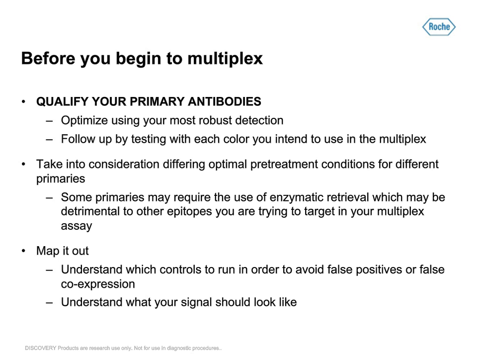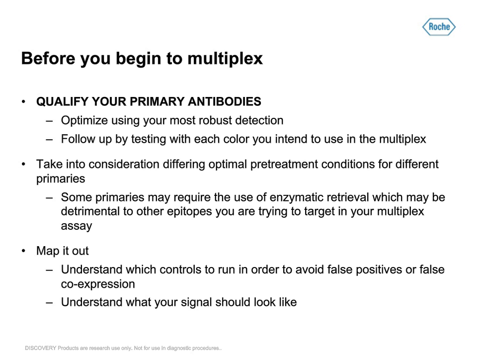Now follow up that optimal assay, all you're doing is swapping out your chromogen, your DAB, with, say, a yellow. If you want your first biomarker to be yellow, and then your next biomarker to be in purple, and then your last biomarker, if you want to leave that with DAB, you can do so. And then see how each one of them performs individually before you actually throw them all together in a multiplex.